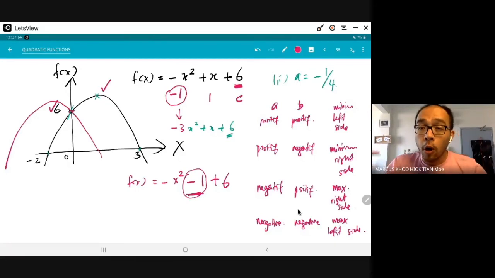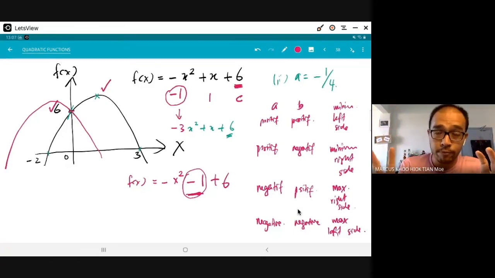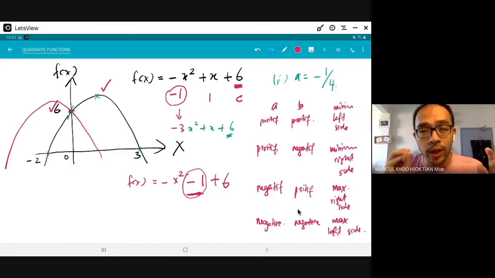Okay, so the combination of A and B will tell you where exactly is the position of the graph. And this is important to us much later lah, but today I just want to introduce this to you first.